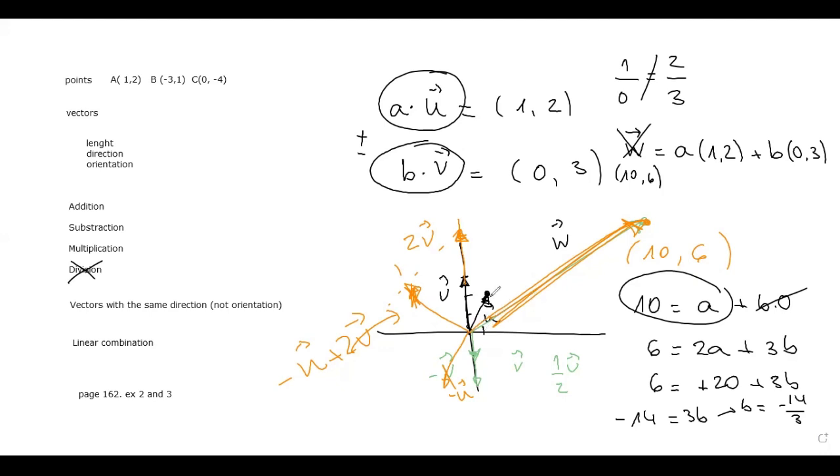So if I draw this vector u, 10 times, in this line, and then you draw minus 14 thirds of v, which is minus 4 point something. If I do that down here, if I add them, I will get that vector. That's the meaning of that.